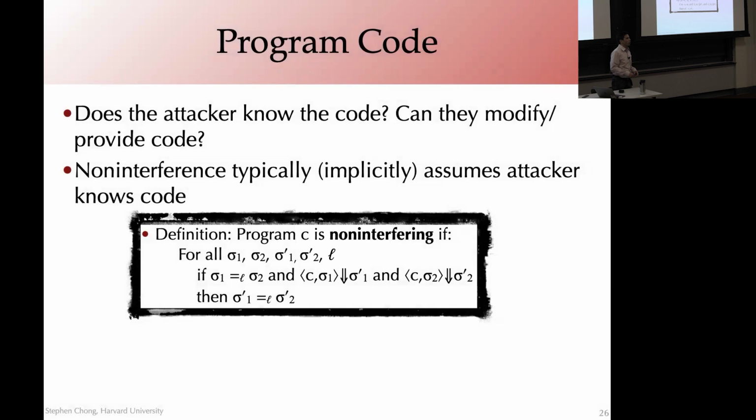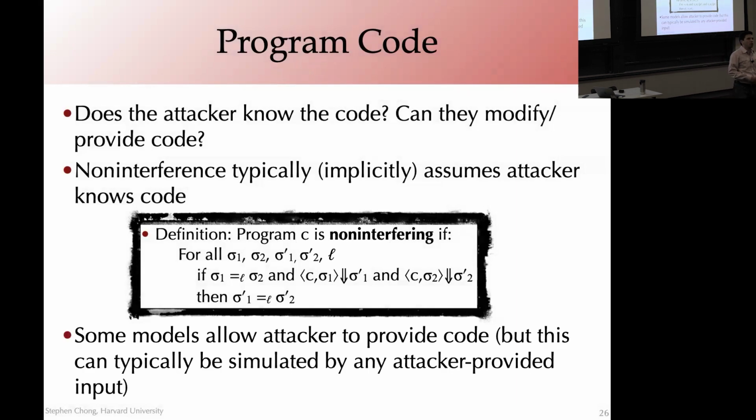There are definitions of non-interference that allow the attacker to provide some code into the system. This is known as an active adversary. You can actually model or simulate this if the attacker is able to provide any input to the system at all. You could imagine that one of the inputs is the text of a program, and the program includes an interpreter.